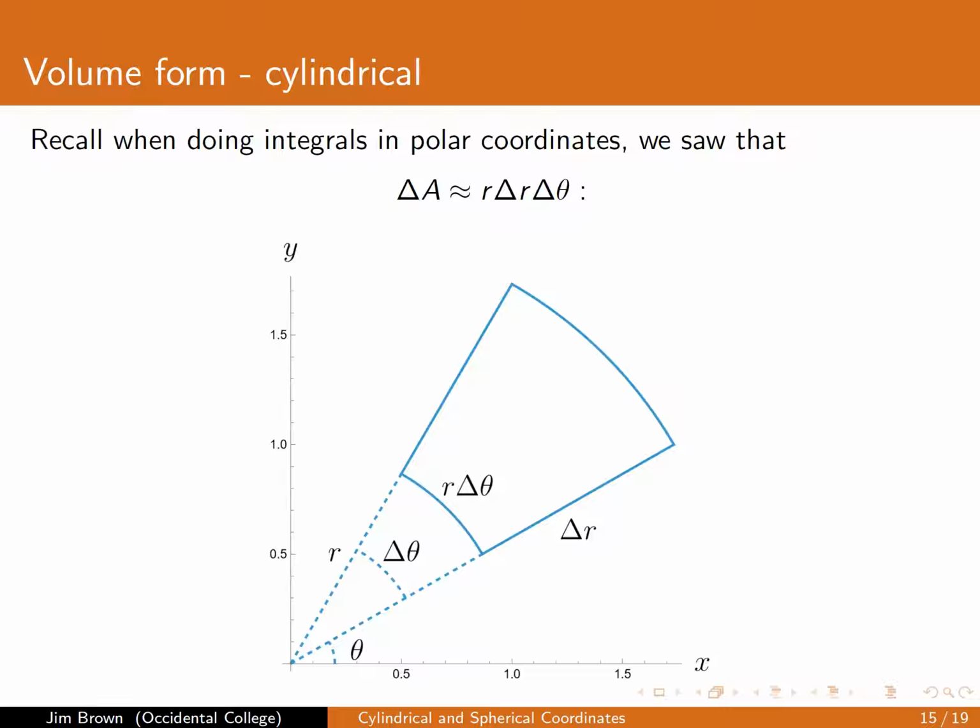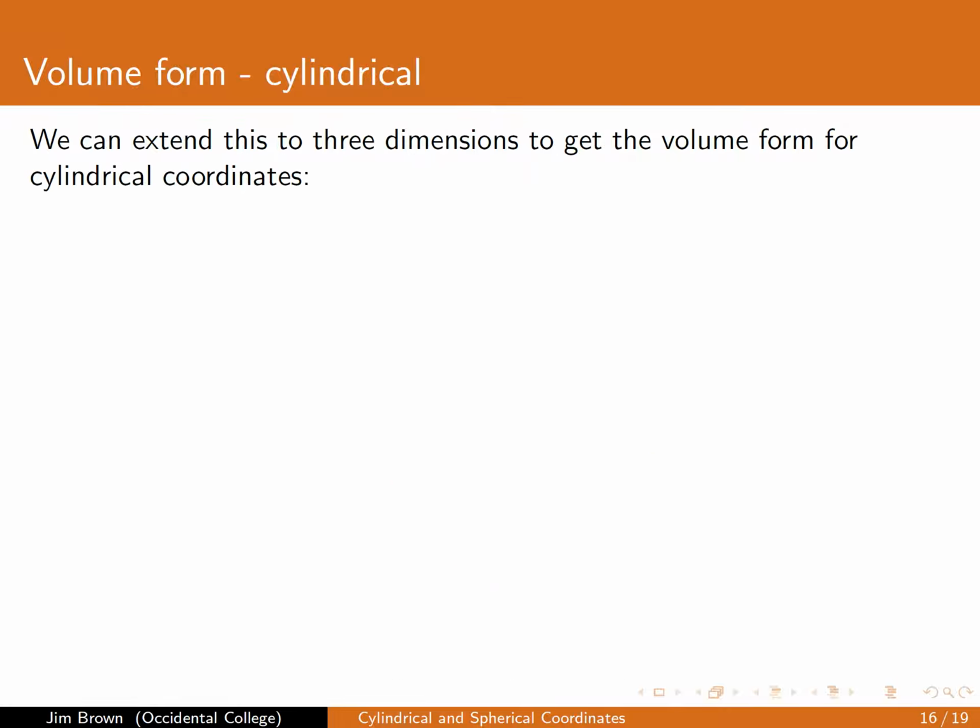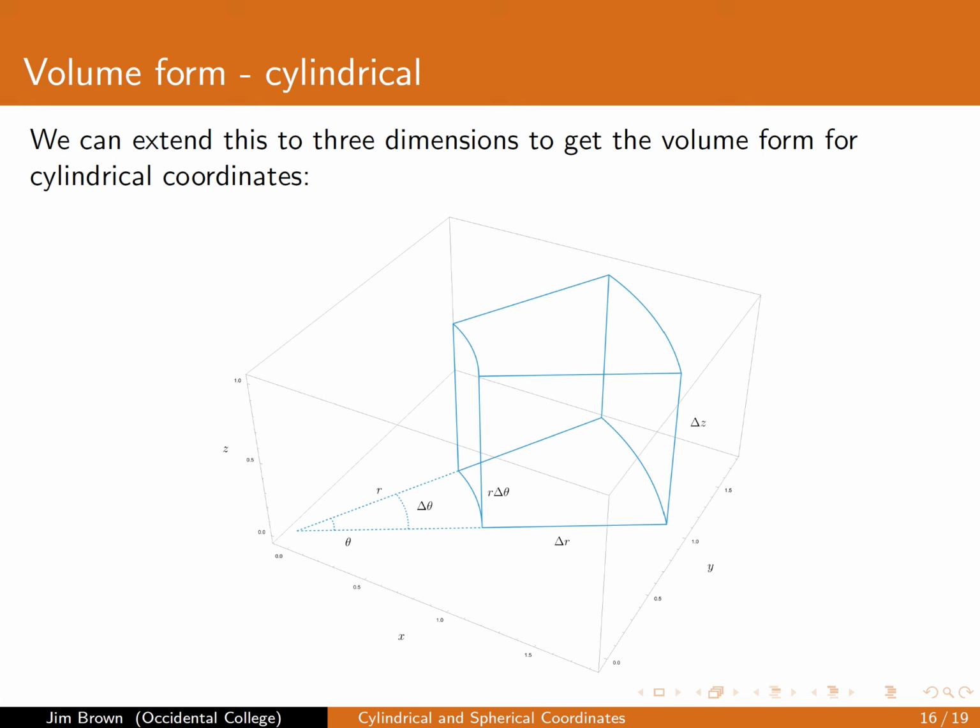Now what we need to do for our new coordinate systems with volume is figure out what does a little slice of volume look like in this case. So here's our picture for a little slice of volume in cylindrical coordinates. So notice the area at the bottom here, we can still approximate that as r delta theta delta r, but now this box has a little bit of height delta z.